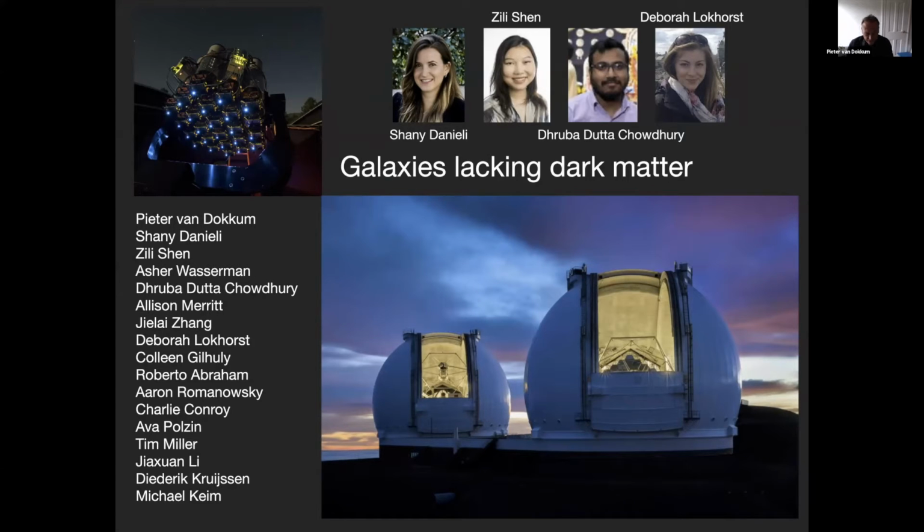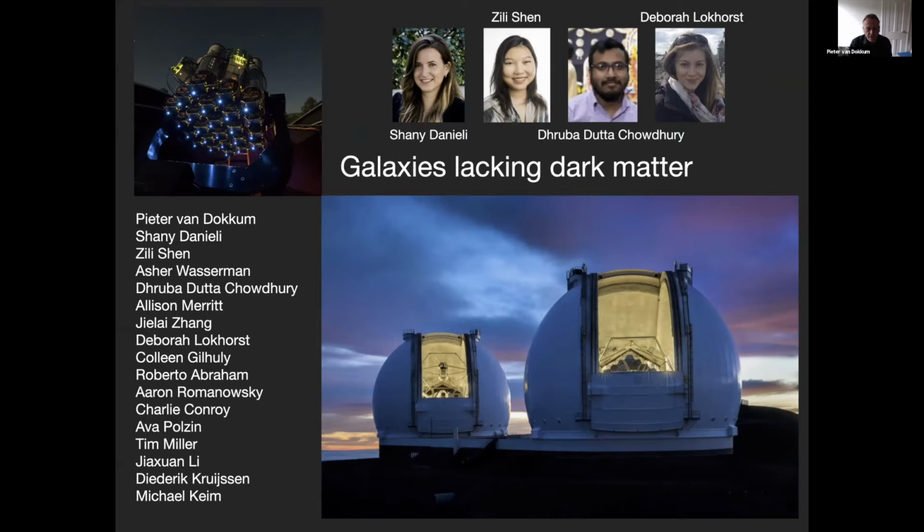So I'll talk about this strange discovery that we made of galaxies that appear to lack any dark matter. It was done with a team of people, obviously, and I'm not going to list everybody, but the central people are up here: Shany Danieli, who's now at Princeton; Zili Shen, who's a grad student at Yale; Deb Lokhorst, who is currently a grad student in Toronto, but is going to Victoria as a postdoc; and then another graduate student, also at Yale.